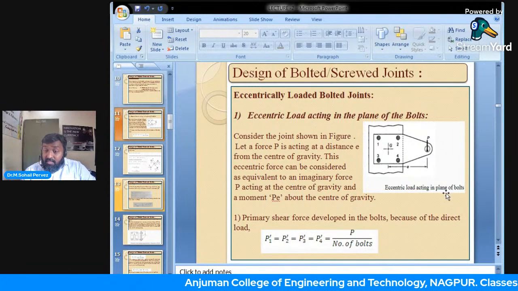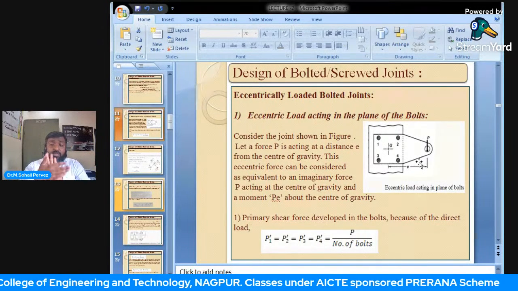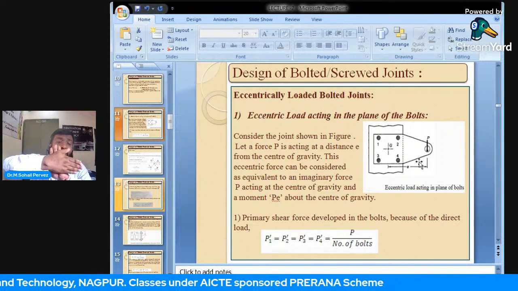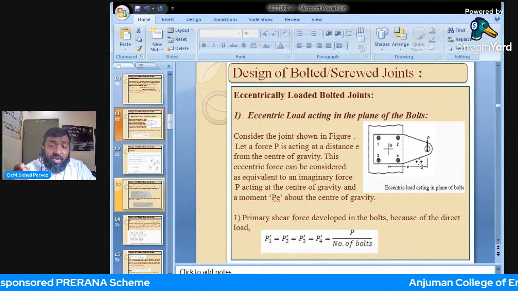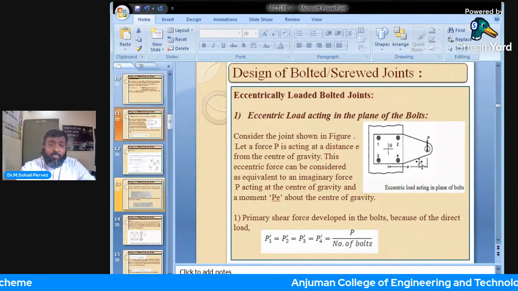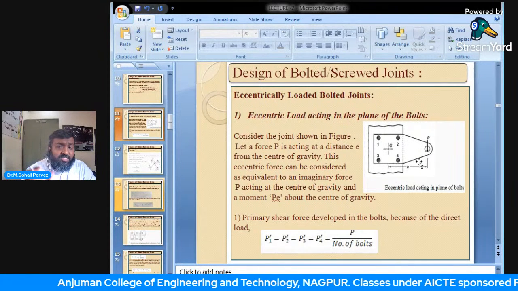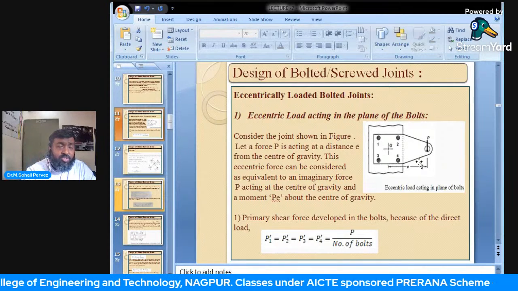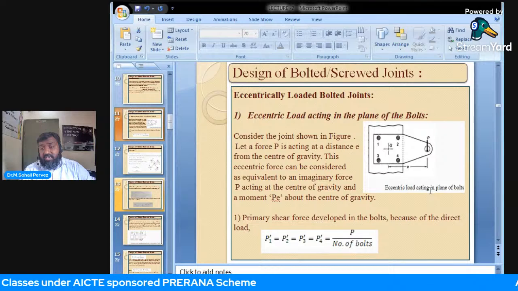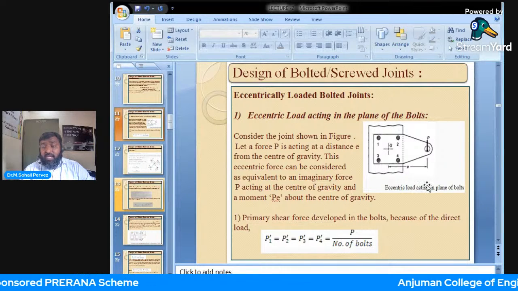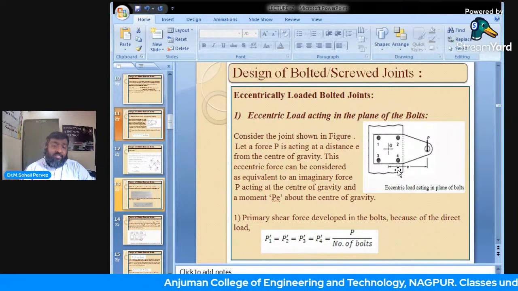But the secondary effect of this action will be that it will try to rotate it, and the individual rivet or screw at 1, 2, 3, 4 will try to oppose it. That is the meaning of resistance. All these 4 bolts, this set of 4 bolts, 6 bolts or 8 bolts will try to resist its turning moment, and that moment is generated at E, that is P into E will be the turning moment for this bracket.